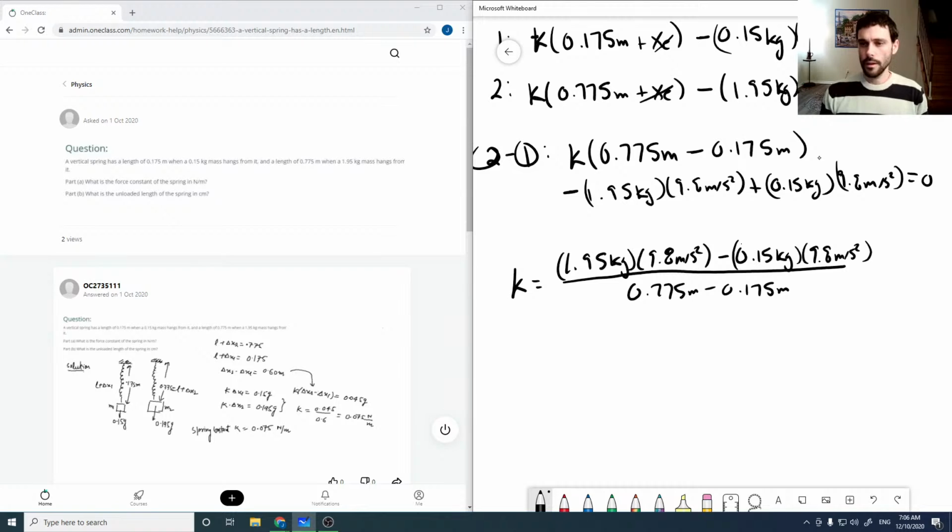And when we do these out, this comes out to be 29.4 kilograms per second squared. And remember, a newton is a kilogram meter per second squared. So this is really 29.4 newtons per meter. Right, so if we divide this by meters, we get kilograms per second squared, so that looks good.